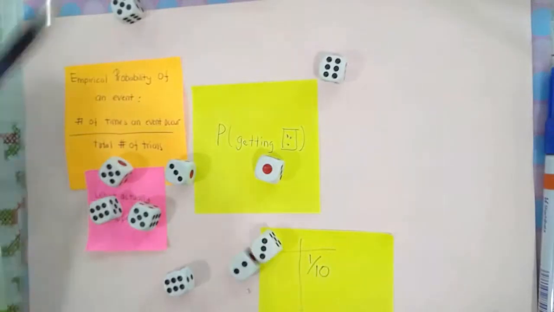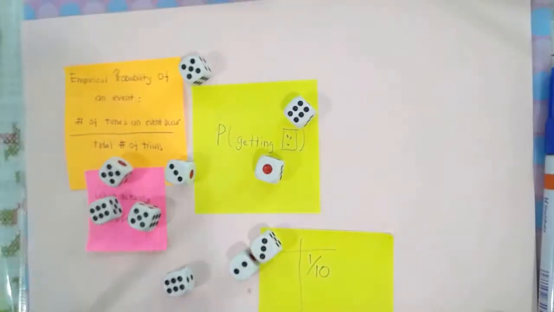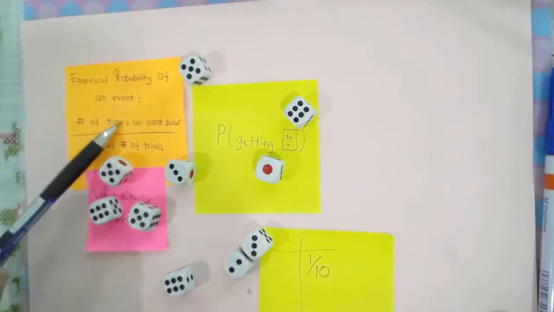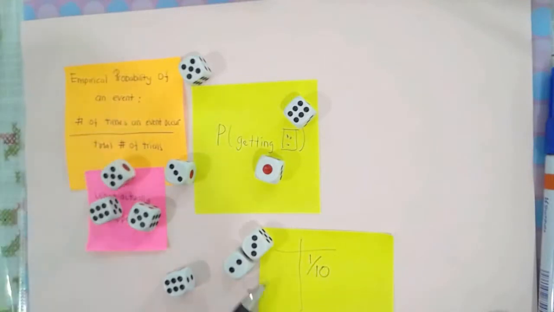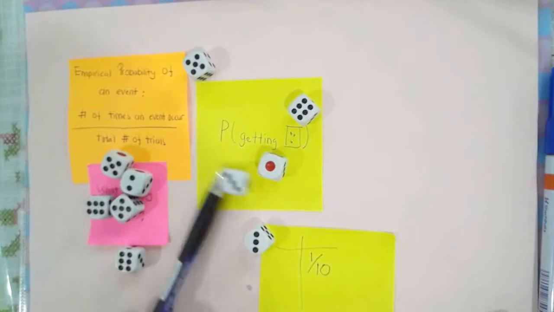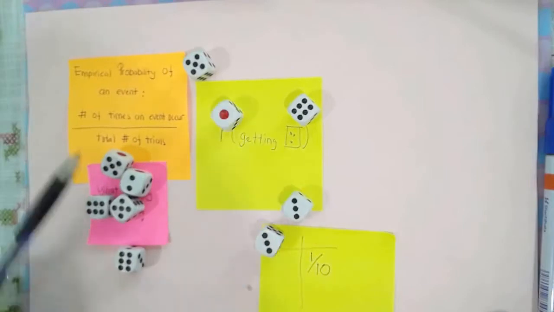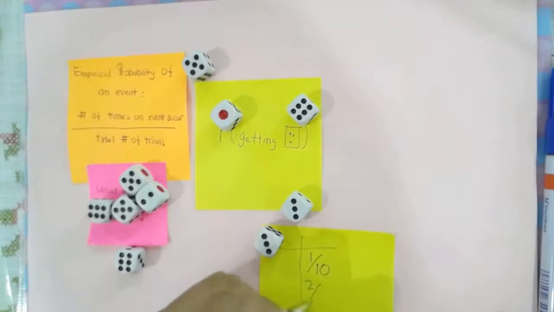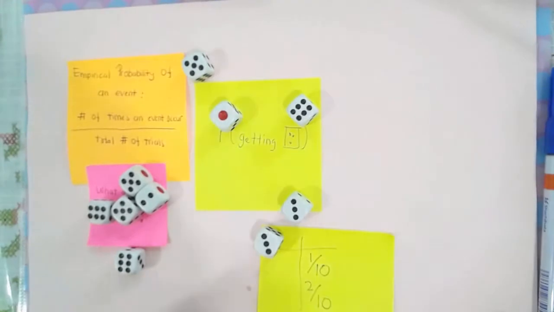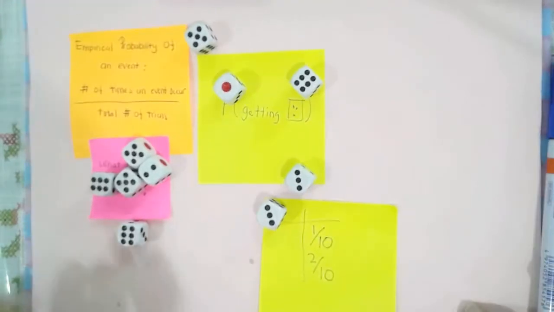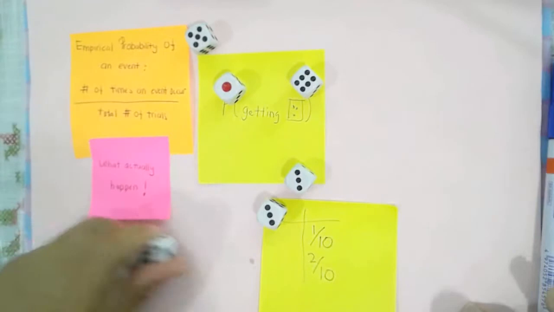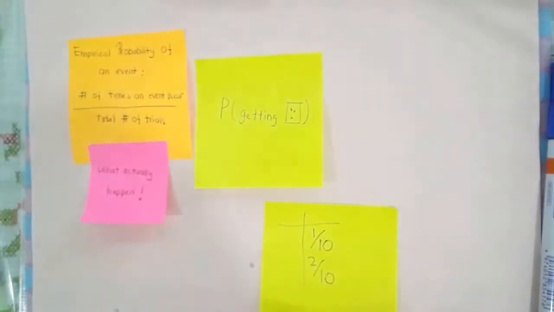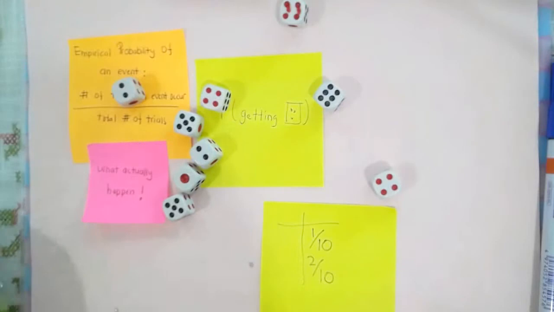So now, what is the number of times getting 3 occurs? Yes, we have 2 from 10 trials. So for the second experiment, you have 2 over 10. Let us repeat for another experiment.